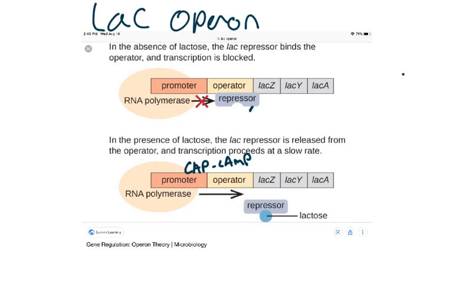When there is no glucose present, CAP cyclic AMP will also come to this promoter region and start to recruit RNA polymerase in tandem with the lactose binding to the repressor and popping it off the operator. And once all the machinery is set up, we can transcribe these Lac genes, and they can basically be produced to break down lactose.